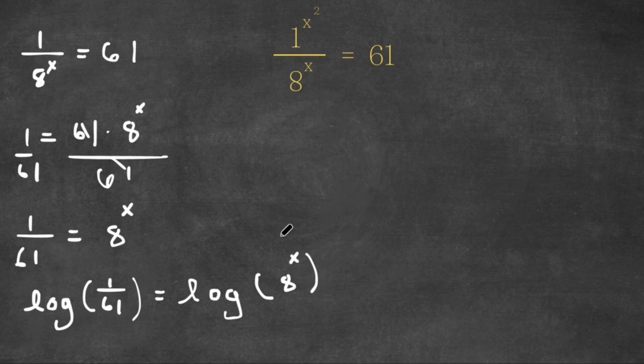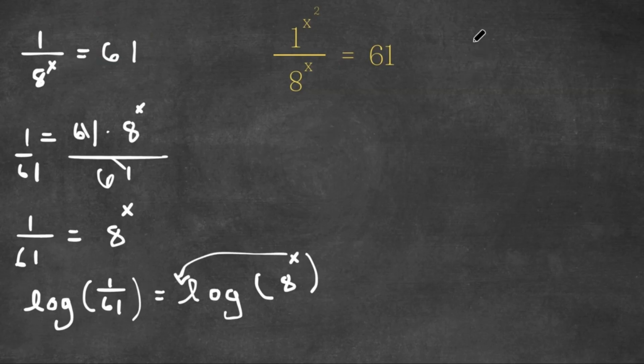The power property of logarithms states that if we have something in the form log of 8 to the power of x, we can actually move this exponent to the front of the log.